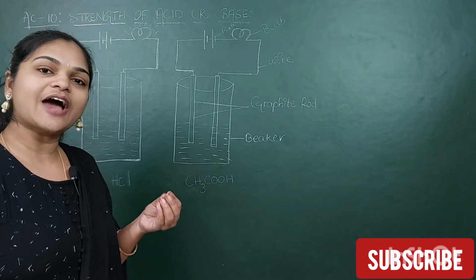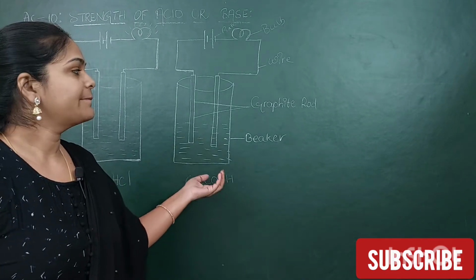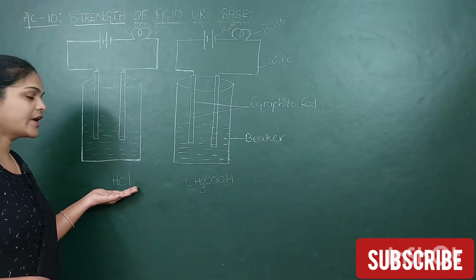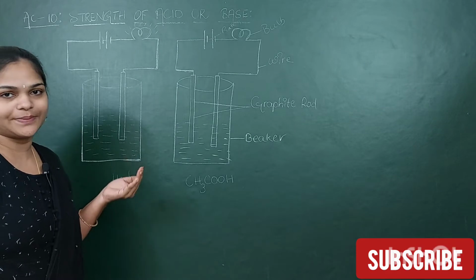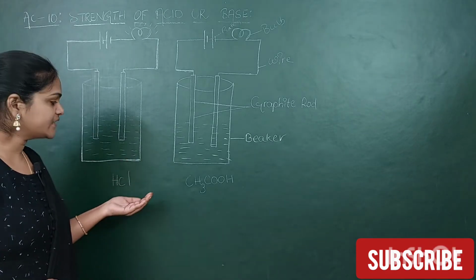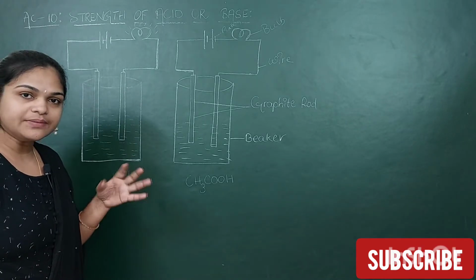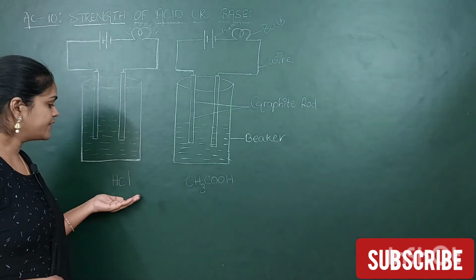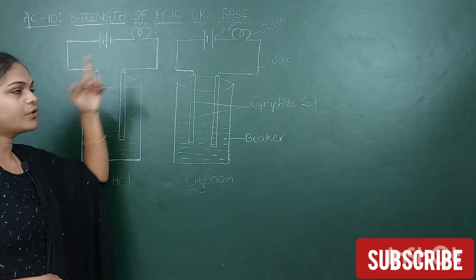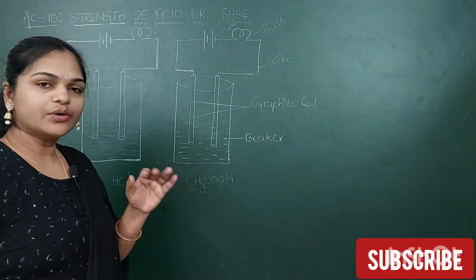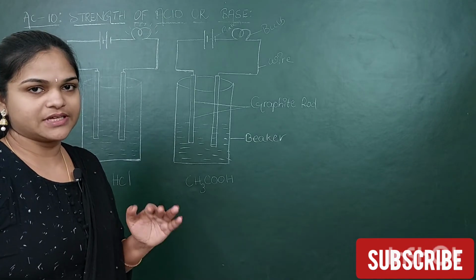Why does it have more brightness than beaker B? Because in HCl we have more H plus ions. When there is a presence of H plus ions in more quantity, we have more brightness in the bulb. Here we have only a less amount of H plus ions.